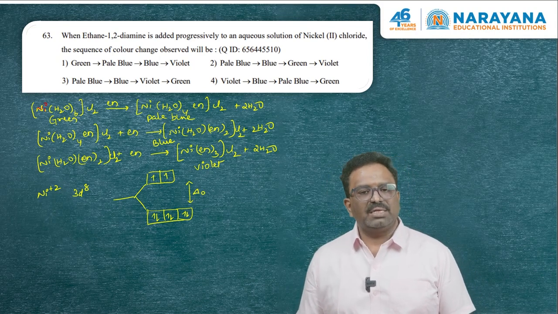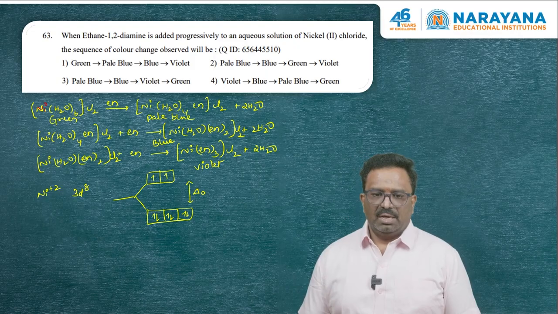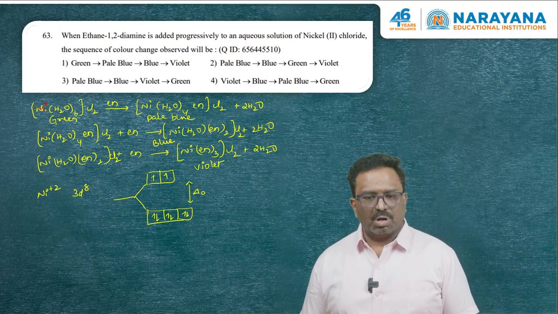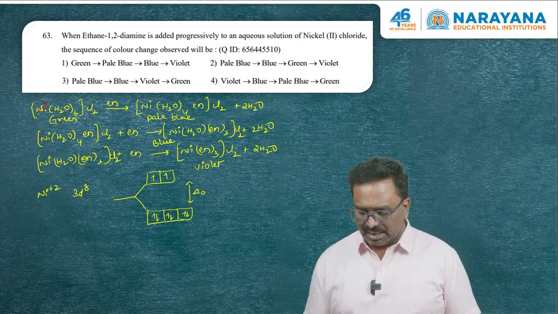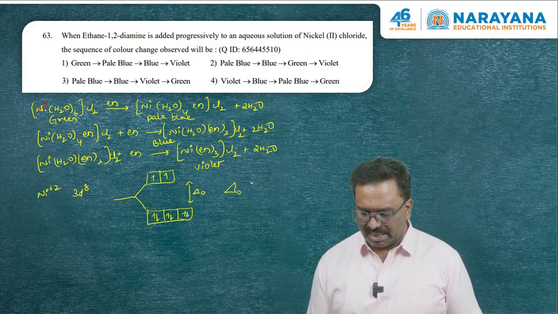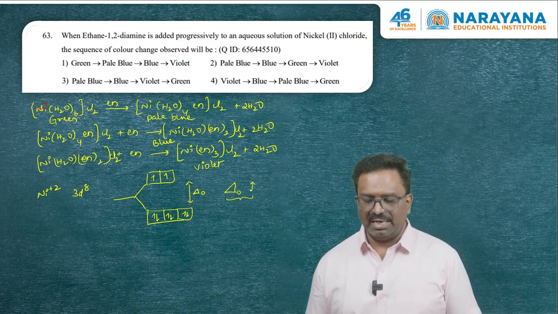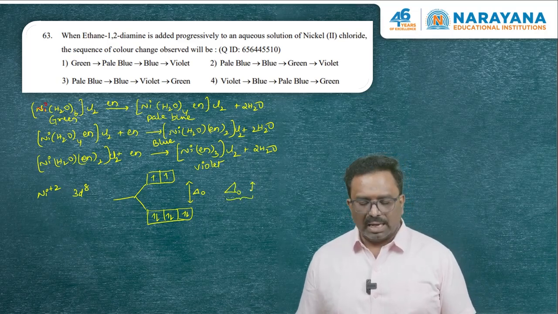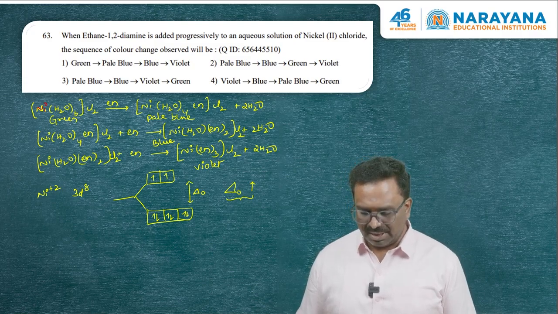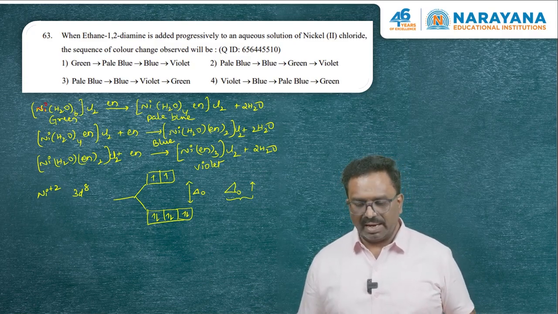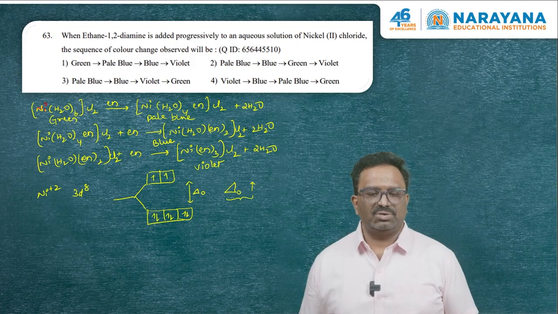The ligand strength is increasing here. Ethylene diamine is a strong ligand. When the strength of the ligand increases, the delta O, that is the splitting energy, is gradually increased here. Now the color change happens, here you can see, from green towards violet gradually because of that change in splitting energy.